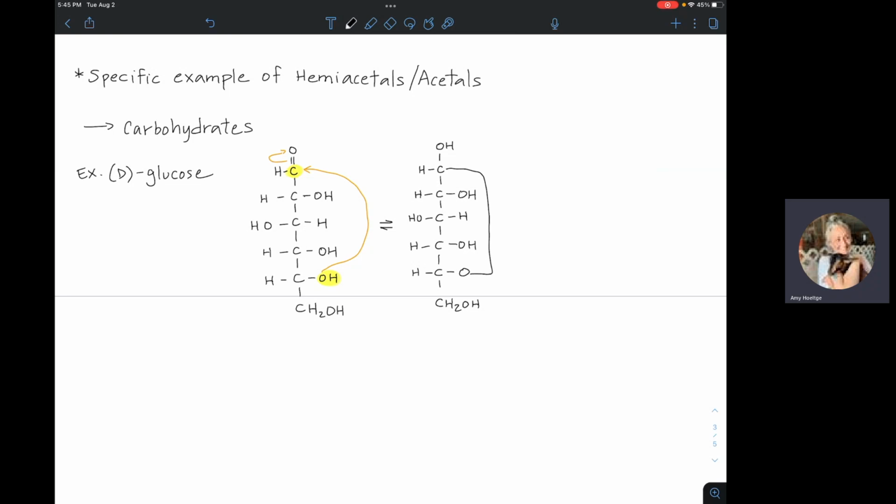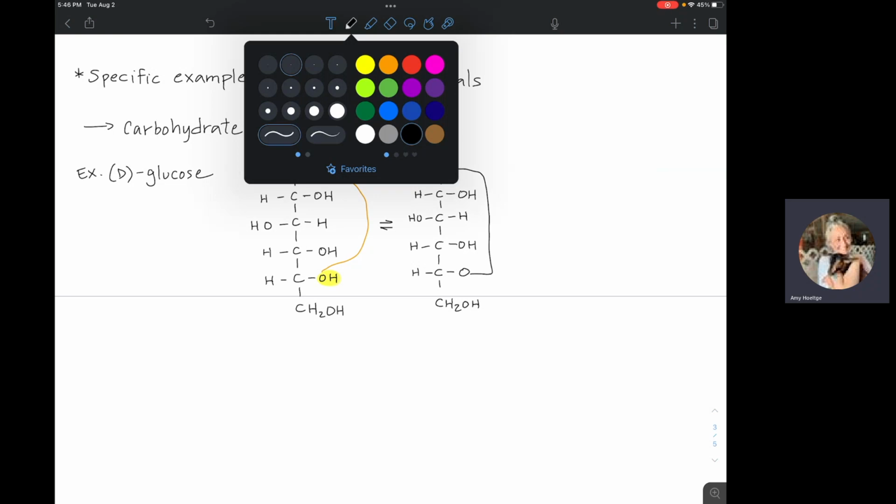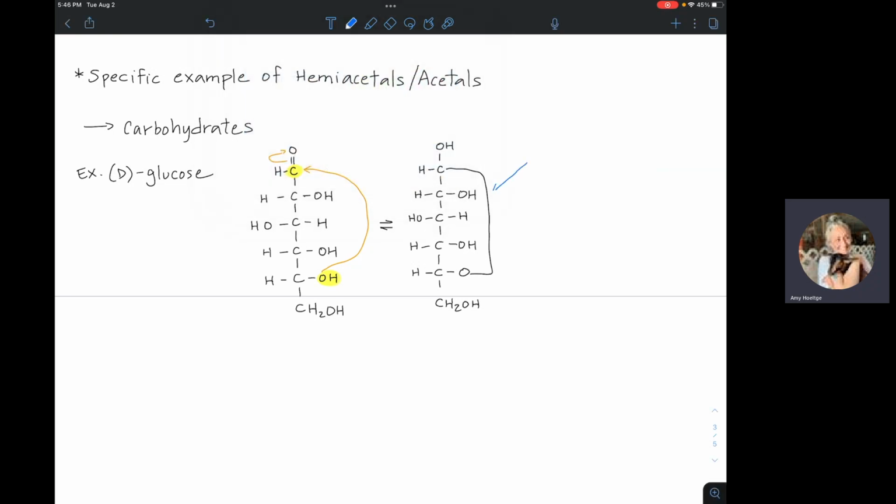This thing right here is our hemiacetal linkage. So sometimes you'll see it written like that.